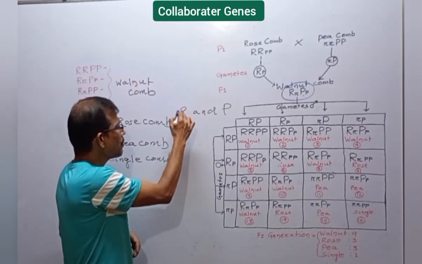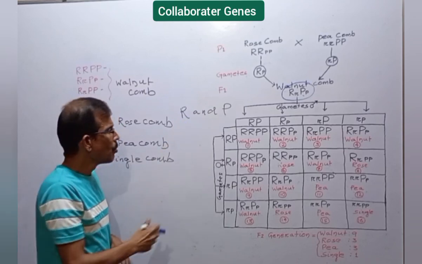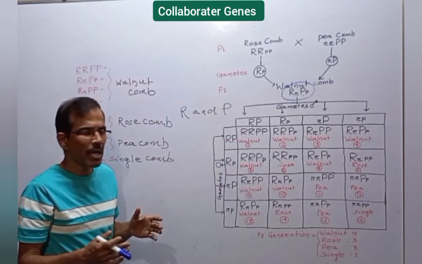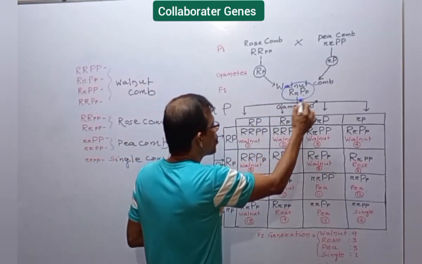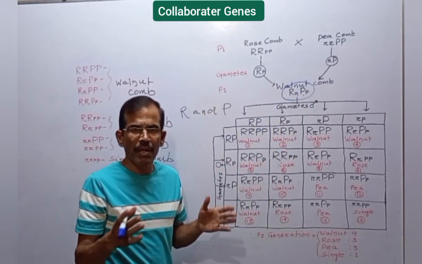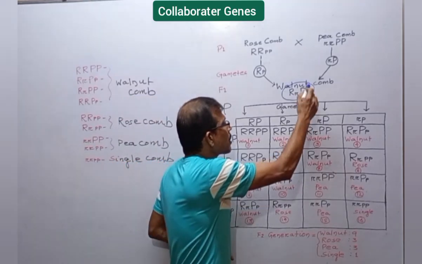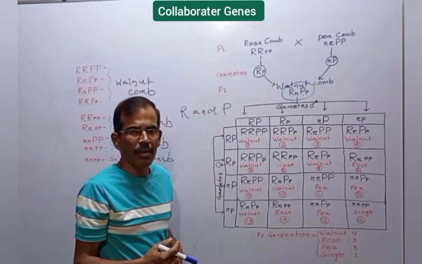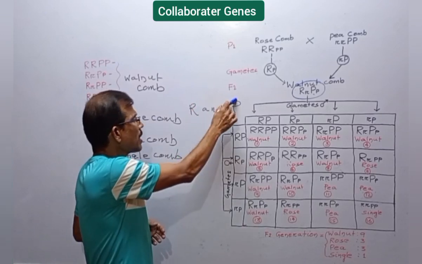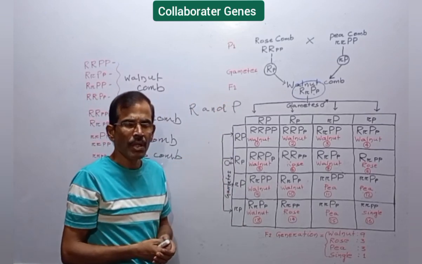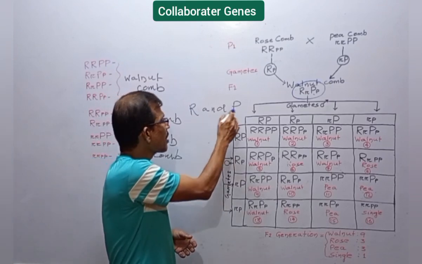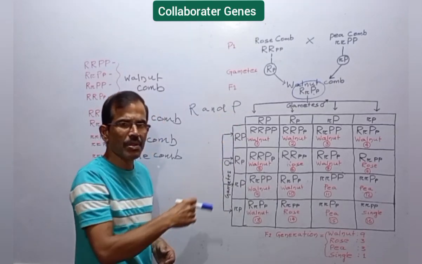The rose comb gene produces rose comb, whereas the pea comb gene produces pea comb. But when the two genes are brought together, a new phenotype or novel phenotype develops. Walnut comb is the novel phenotype. Because the rose comb gene collaborates with the pea comb gene to produce walnut comb, these two genes are called collaborator genes.